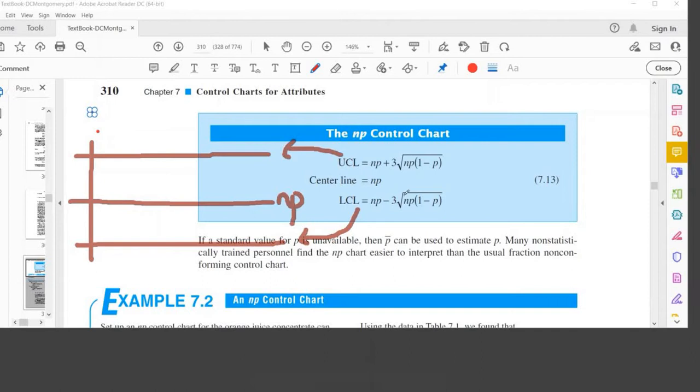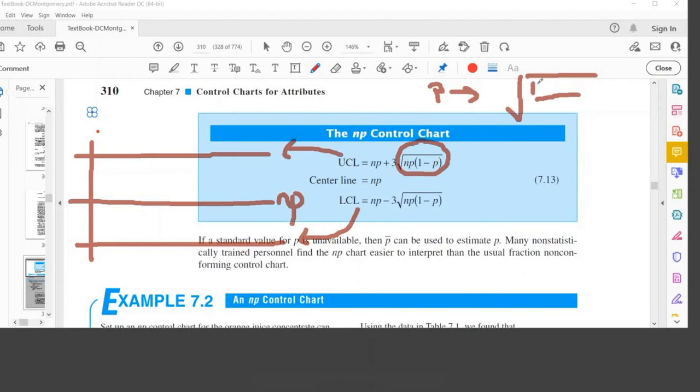Okay, almost the same as in the p chart. In the p chart, you still remember that we have this 3, so this is basically like sigma, 3 sigma. But in the case of the p chart, we use the square root of, okay, do you still remember?